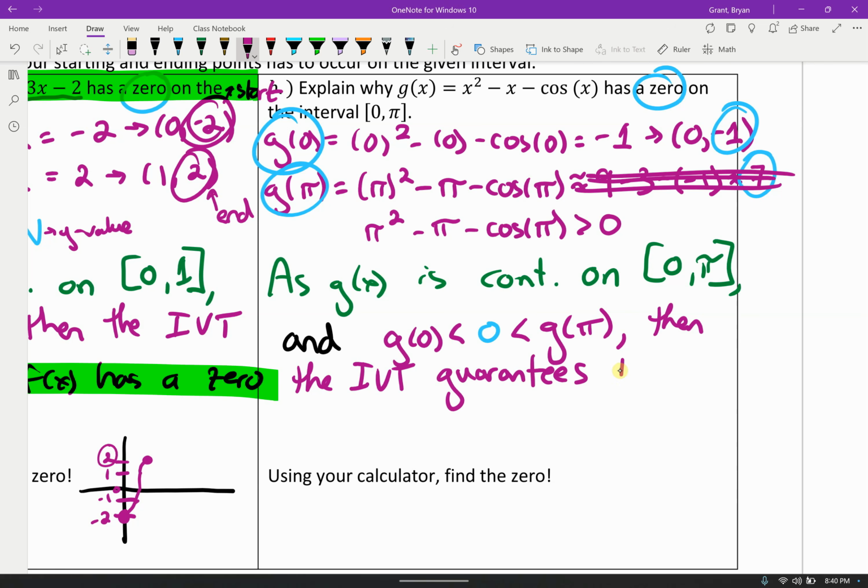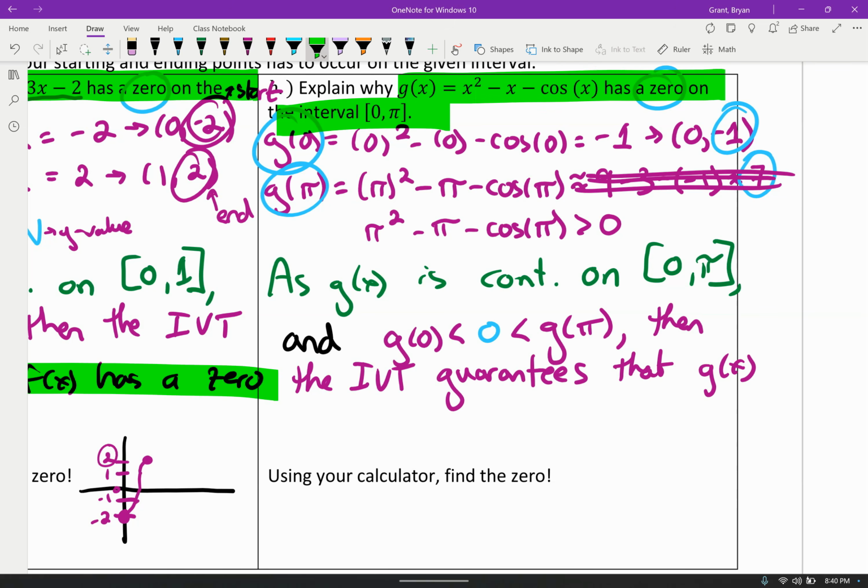Guarantees that g of x, and watch, this is the part where I'm just going to write the rest of this right here, okay? That g of x has a 0 on 0 to pi. So again, continuous on a closed interval, endpoints that are kind of sandwiching the value in the middle, and in fact, intermediate.